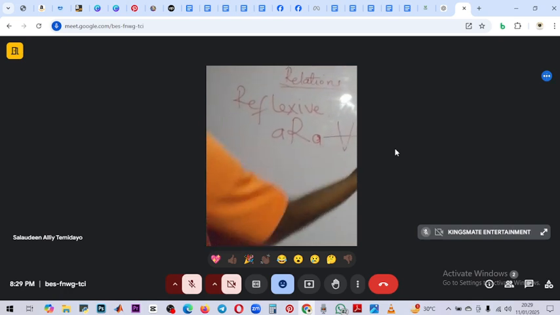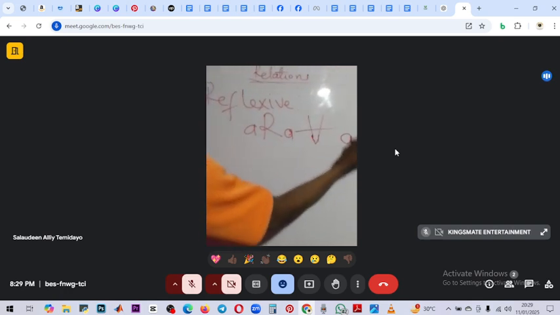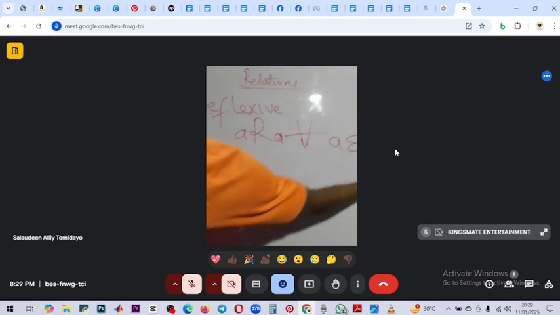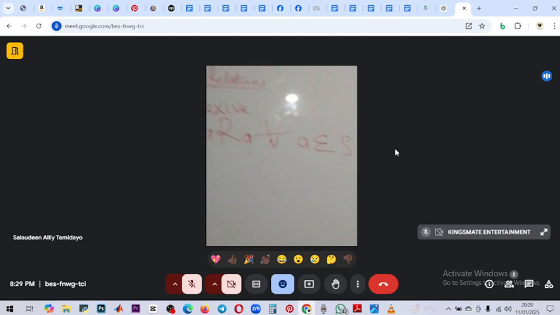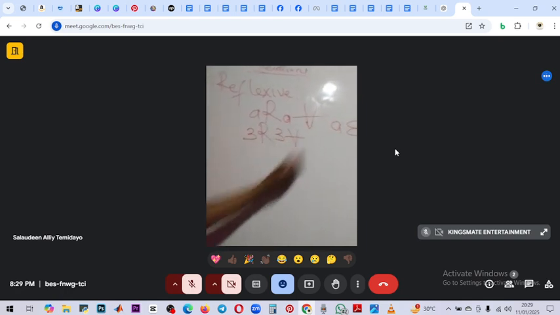And provided that A is an element of a particular set we're talking about. What does this mean? 3 is related to 3, right?